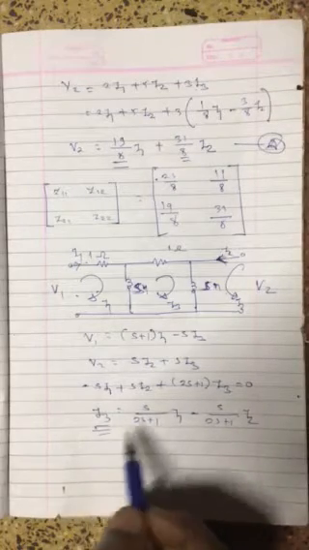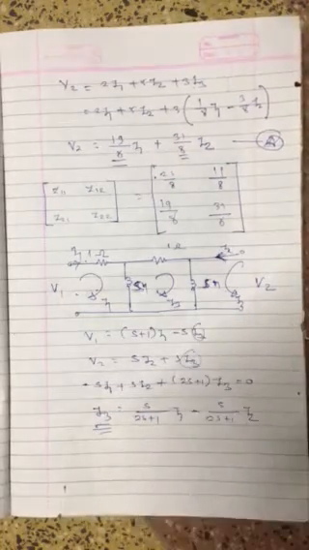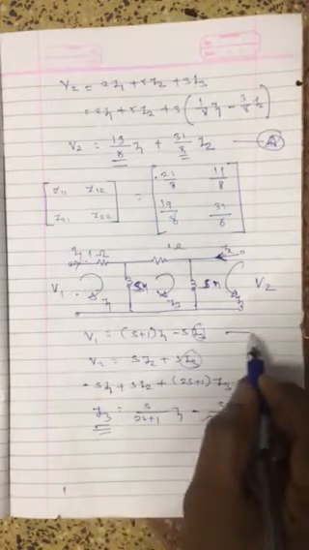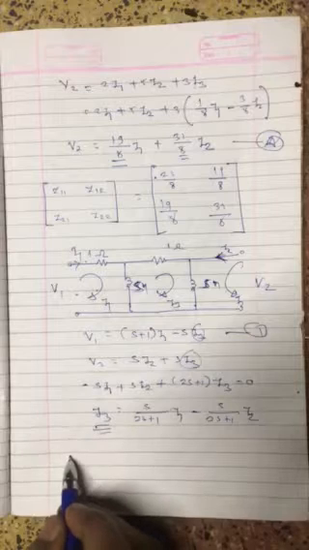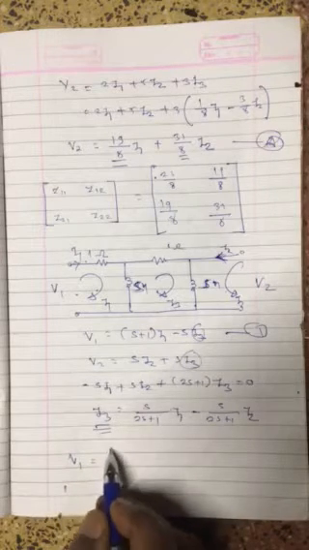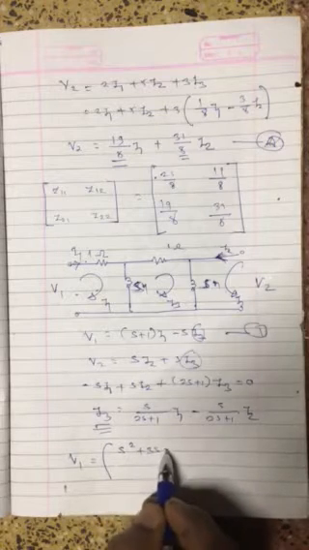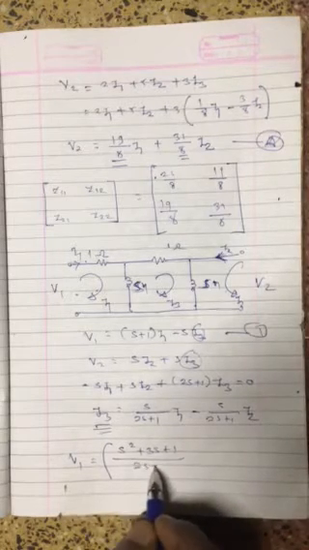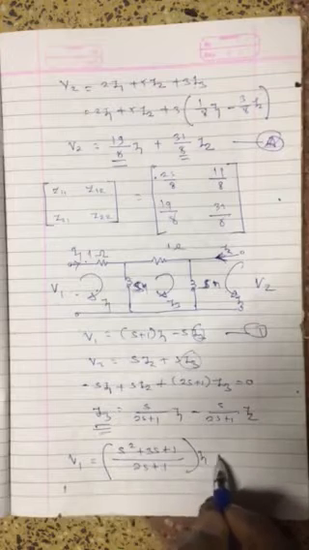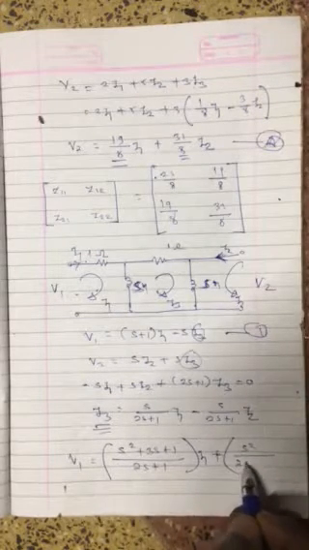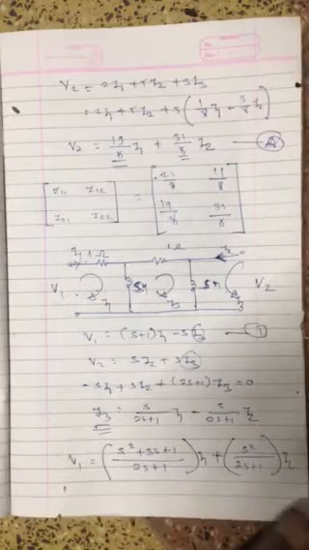Now substitute this I3 in these two equations. When you substitute in the first equation, you will get V1 equal to, you can solve it on your own, (S square plus 3S plus 1) upon (2S plus 1) I1 plus S square upon (2S plus 1) I2.